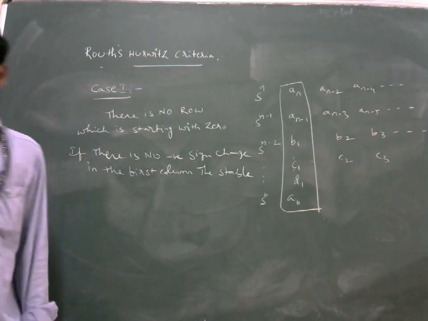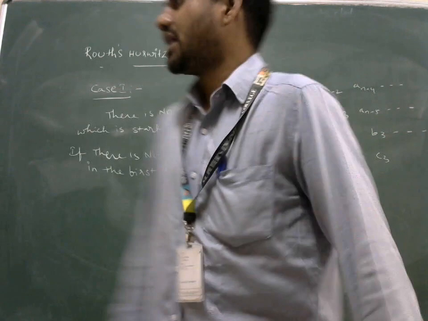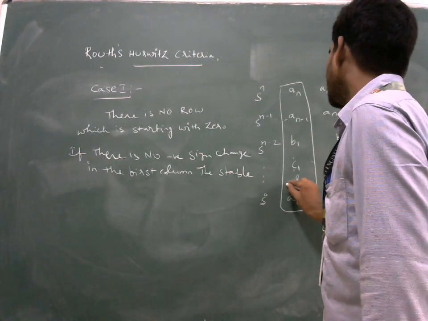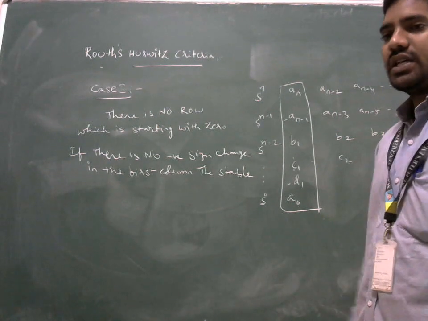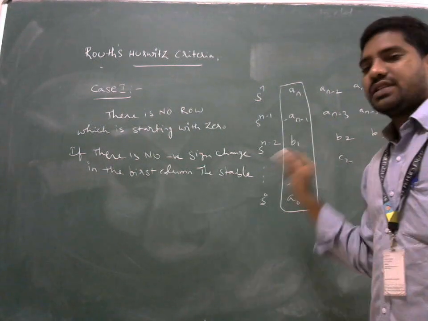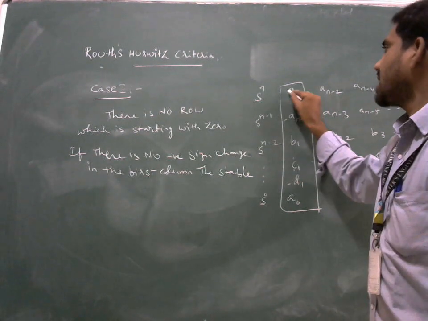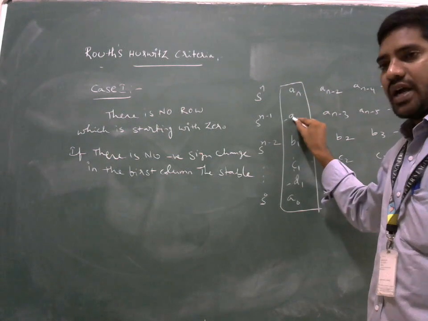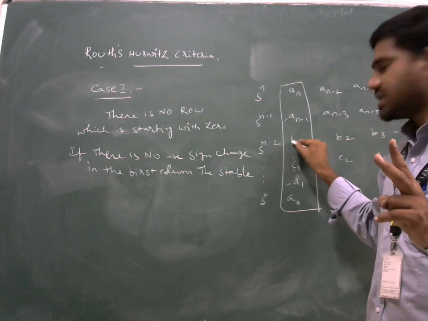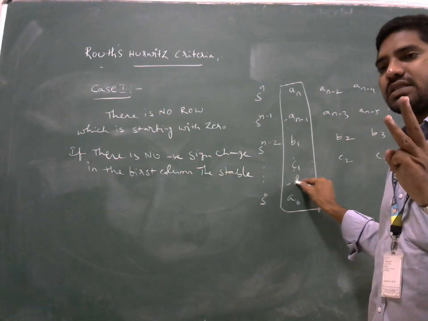Similarly, if there are sign changes, for example, I am taking this as negative and this as negative. See here, the a n minus 1 coefficient is negative and d1 is negative. Now how many sign changes are there? Plus to minus is 1 sign change, minus to plus is 2 sign changes, plus to minus is 3 sign changes.